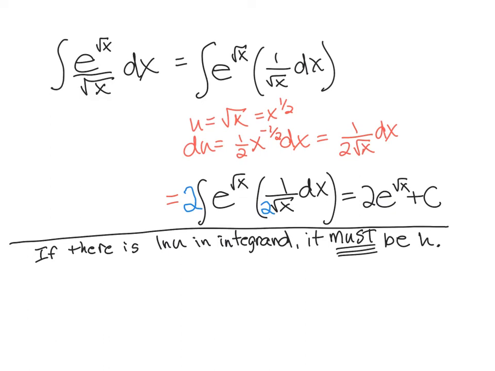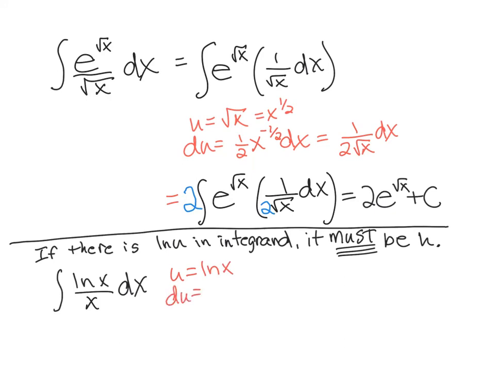Okay, now watch this problem. Let's say that I have the ln of x over x dx. It looks like a logarithm because what was the rule? We had something in the denominator that didn't have a power. But in this case, this x is part of the du, because if you have an ln in your problem, it must be the u.